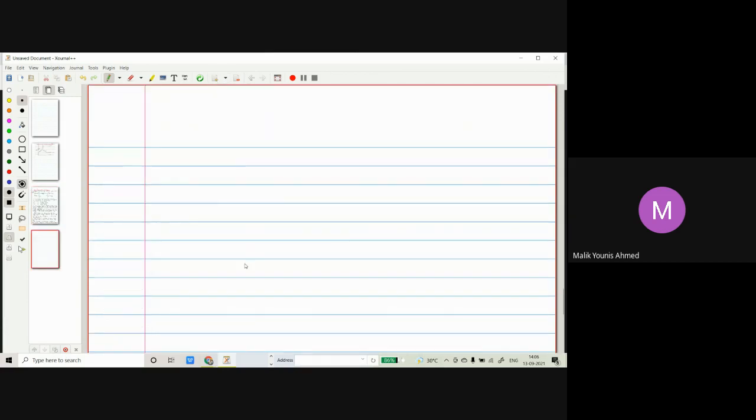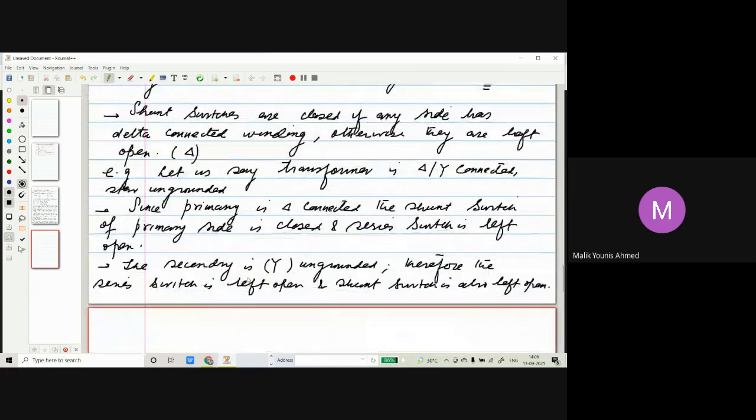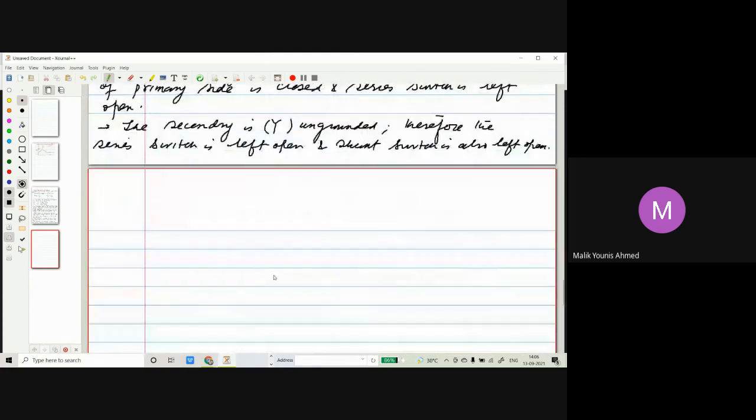So let me draw it now. See, the basic diagram is this, you have to memorize. Now, what we have here, I'll draw first this one. Primary side is delta. This is your delta.